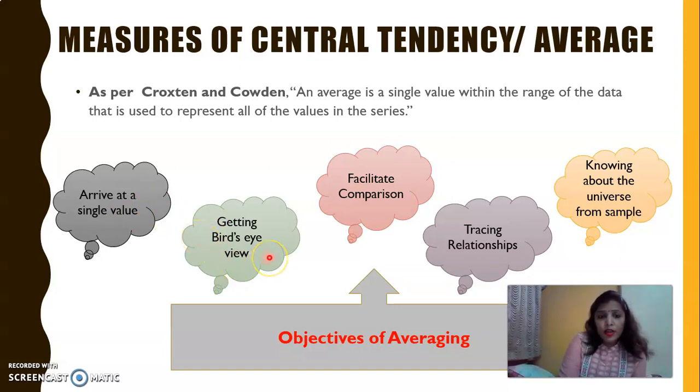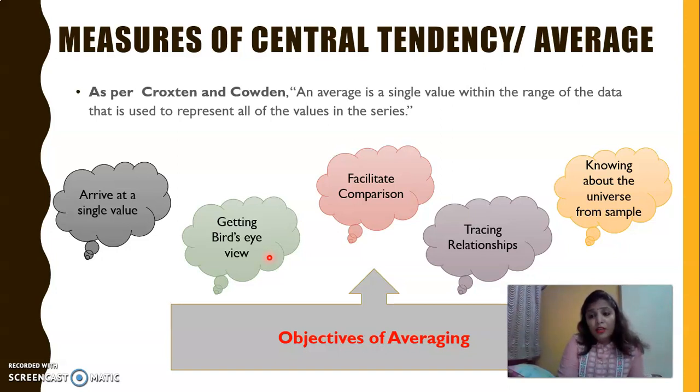Then getting a bird's eye view, obviously it will tell me where the class stands if I look at that single value, and I could be pretty much sure that if it is a central value, the majority of the observations are revolving around that value. So say for example, if in a test, the test was of 50 marks, and if I calculate the average, it comes out to be 15 marks.